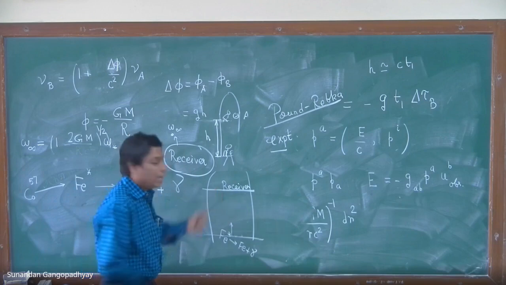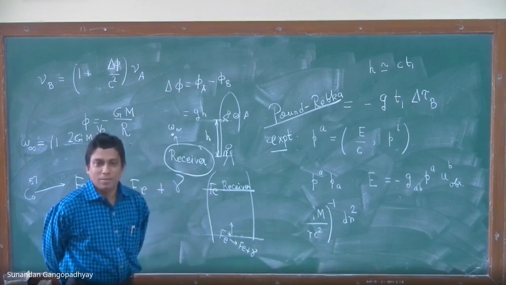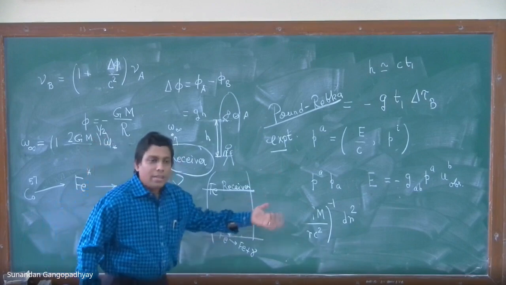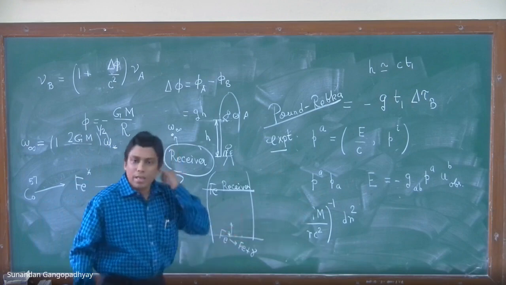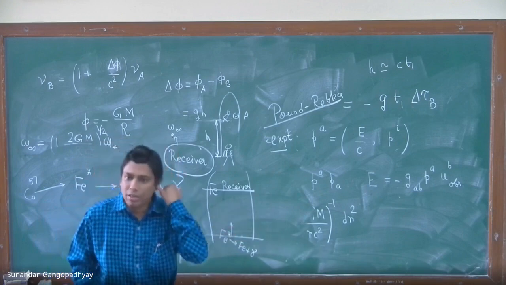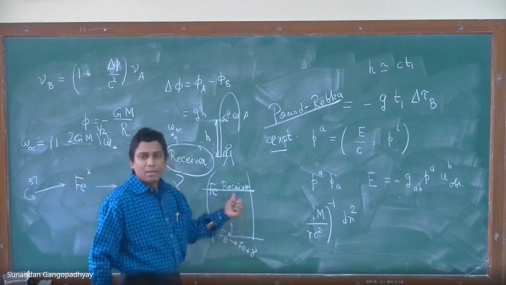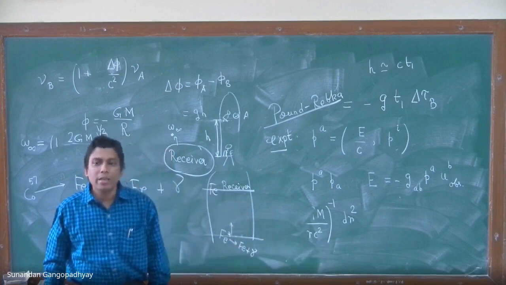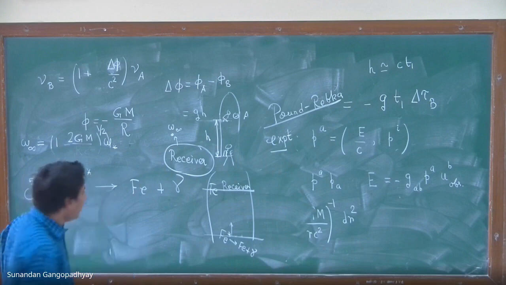So you keep here iron in the ground state. If there is nothing called gravitational redshift or gravitational time dilation, then what will happen? Gamma will go there, resonance will occur. But they were not able to get any resonance. There was no resonance. Why?